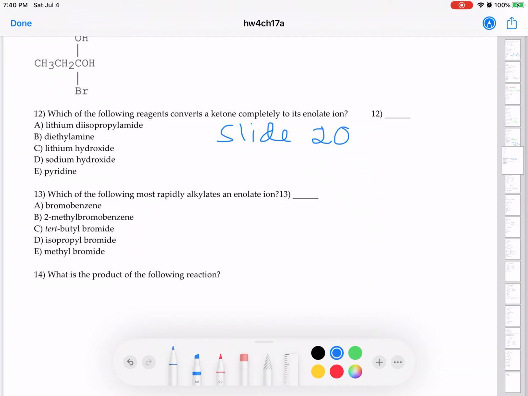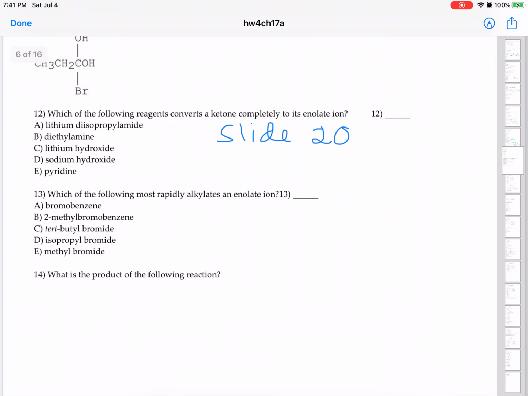Now, we also talk about once the enolate ion forms, it is going to react with the alkyl halide in an SN2 fashion. Remember we talk about that, that is an SN2 reaction alkylating an enolate ion, and this is on slide 22. Okay, refer to slide 22.